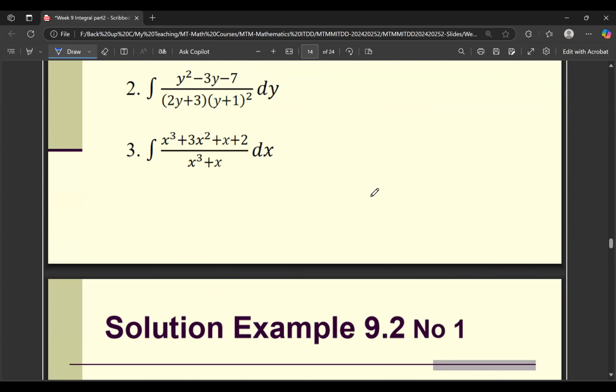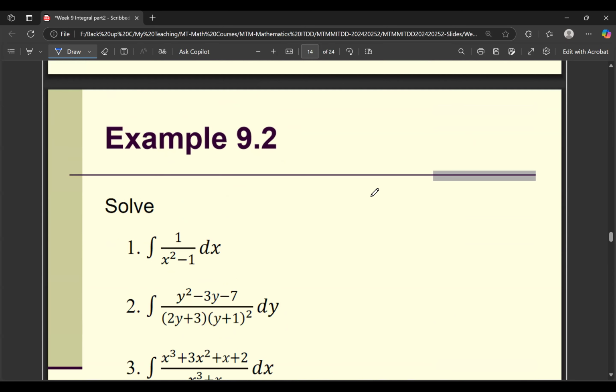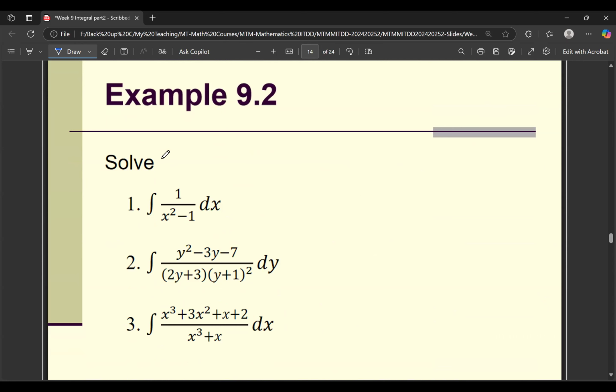Okay, look at this example. We'll solve examples one, two, and three one by one. In the first, we have the integral where this is Px, it means that we have 1, and the denominator Qx is x squared minus one.